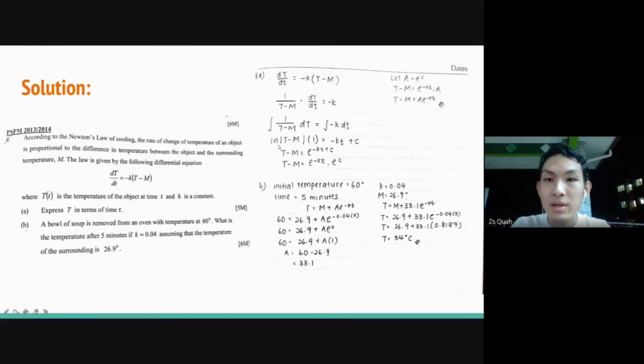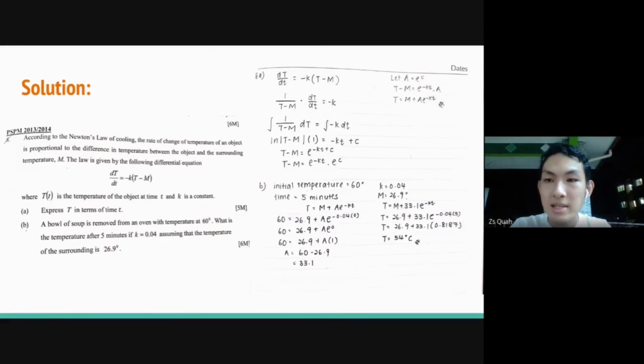According to the logarithm rule to indices, we can rearrange it into T minus M equals e power of negative K multiplied by T plus C. So we rearrange it into T minus M equals e power negative K multiplied by T multiplied by e power C, according to the indices rule.